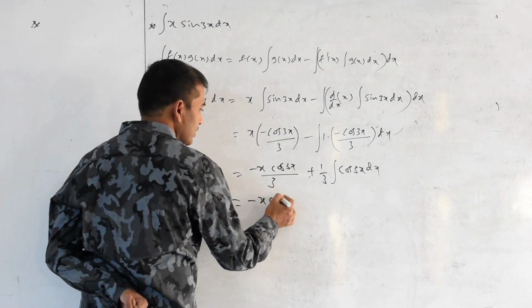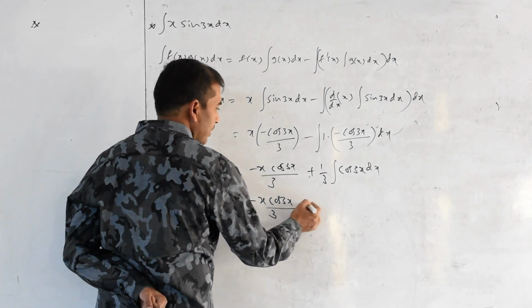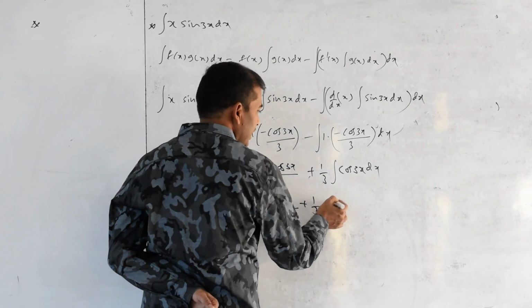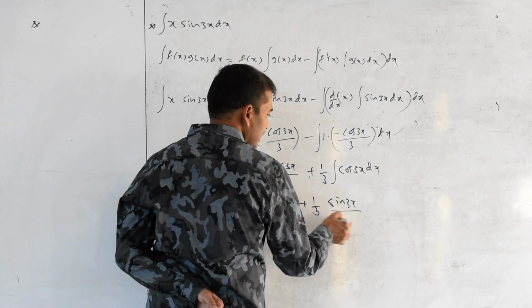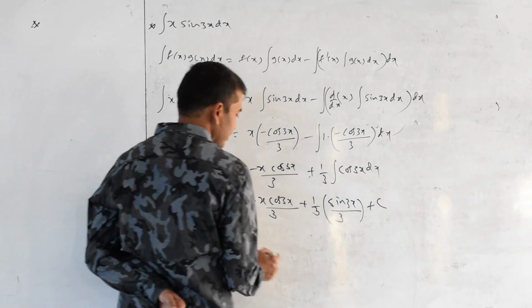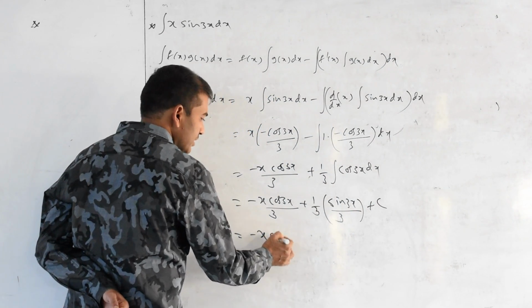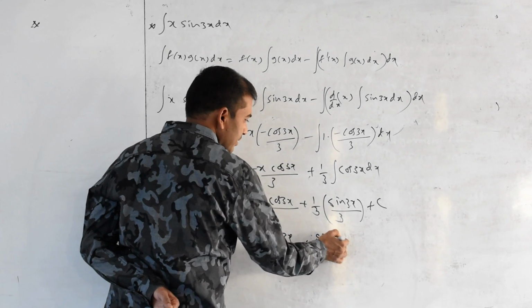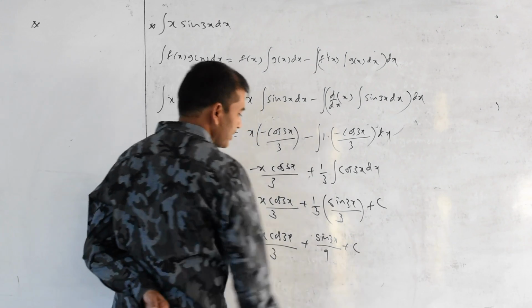Minus x cos 3x by 3 plus 1 by 3 times integration of cos 3x, sin 3x by 3, plus c. So minus x cos 3x by 3 plus sin 3x by 9 plus c.